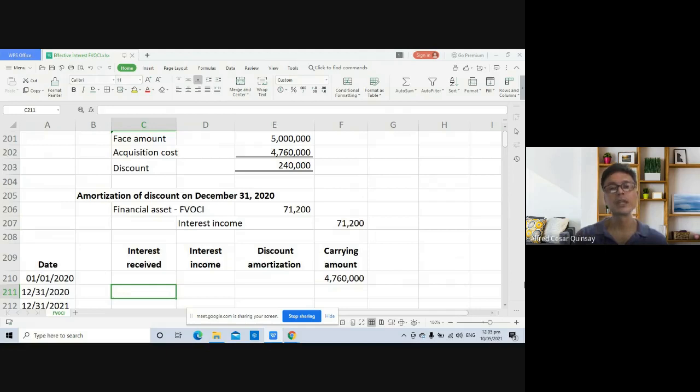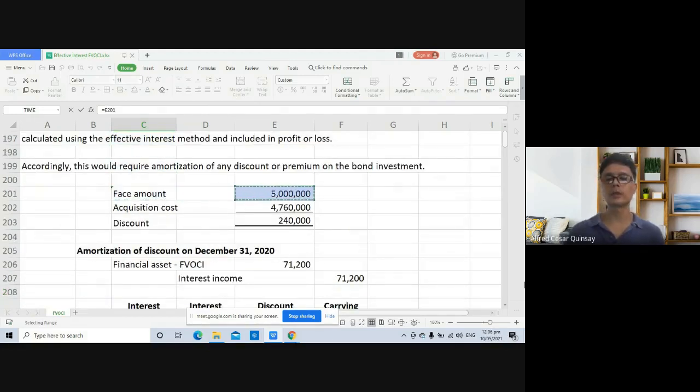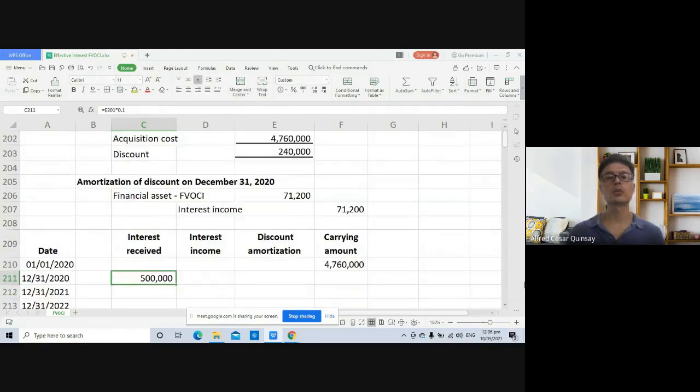But this time this is a financial asset, because it can be sold; there is an option to sell. The interest received on December 31, 2020 is computed as 5 million, the face amount, times 10%, or 0.10. So this would be equal to 500,000.